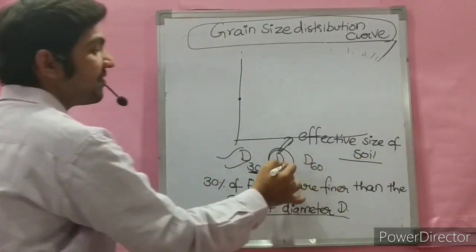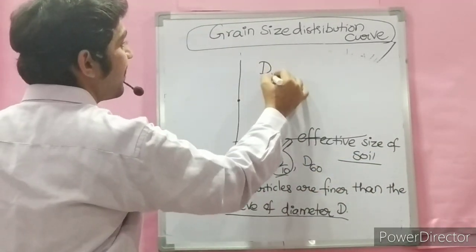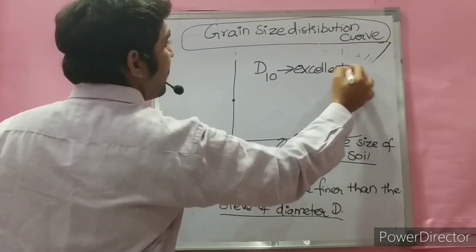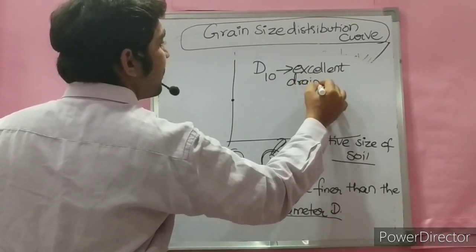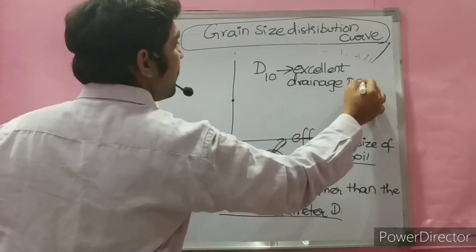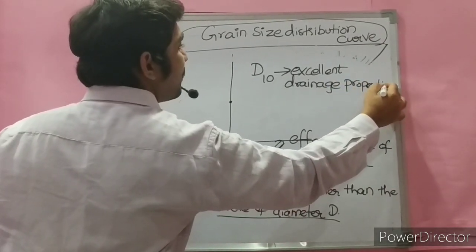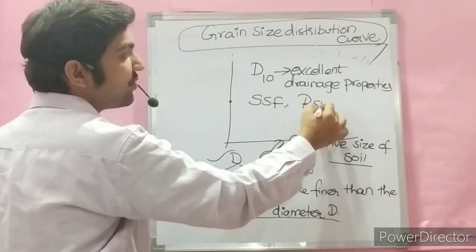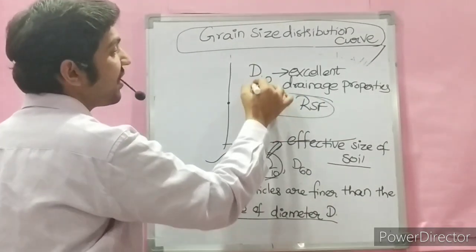This D10 has excellent drainage properties. That's why the effective size of the slow sand filter and rapid sand filter, which you study in environmental engineering, is given. There you study the effective size of the filter.